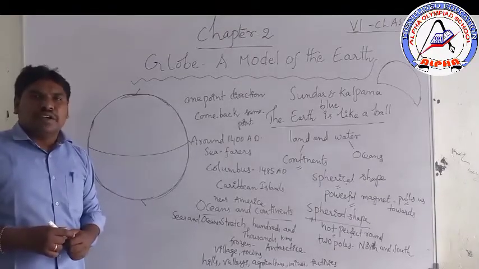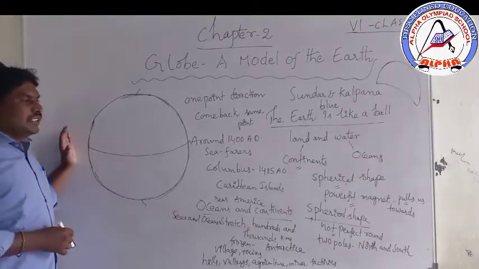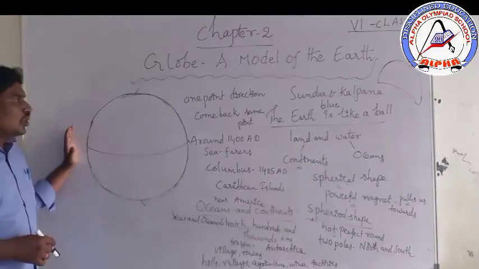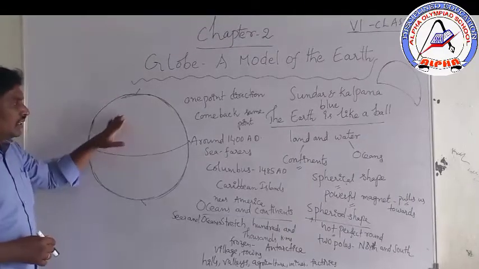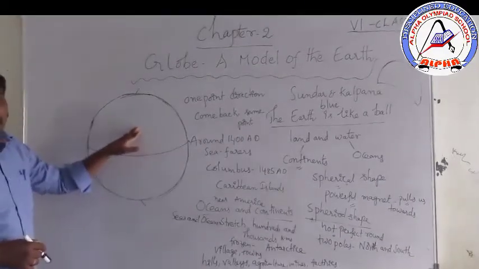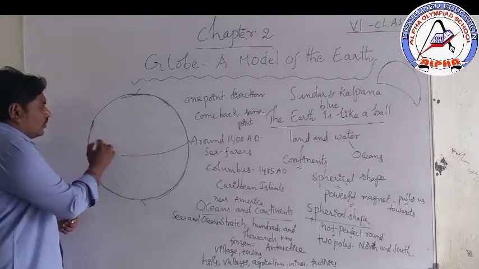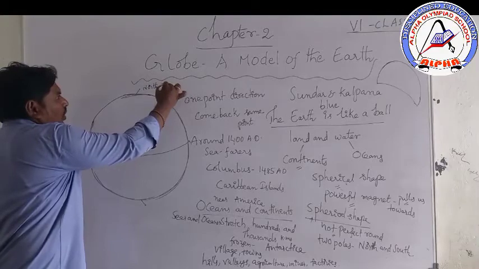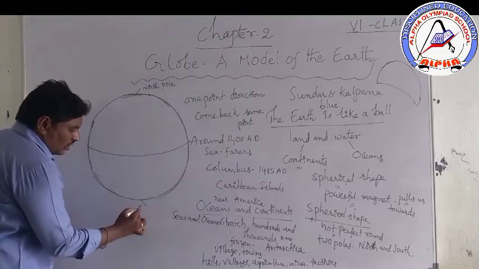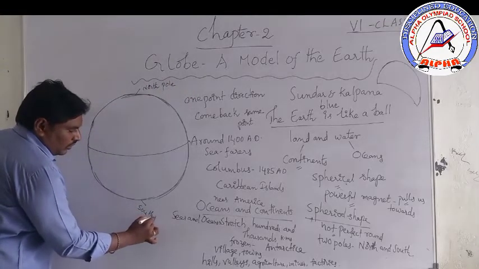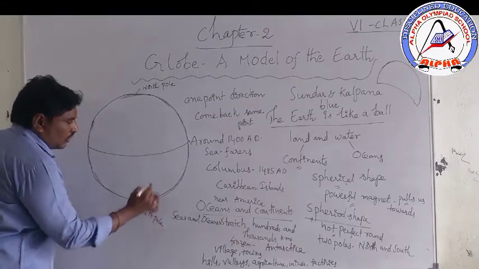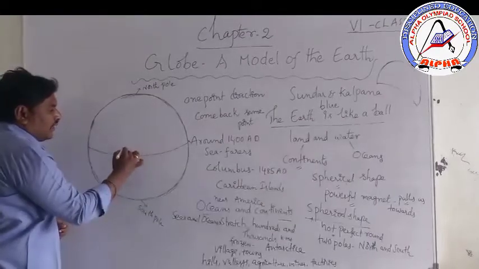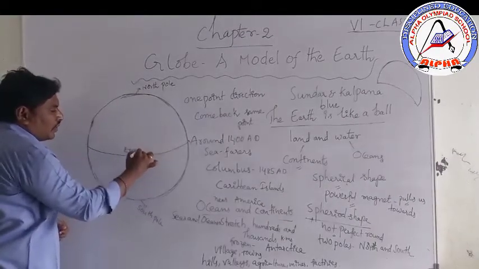If you see this picture, this is a model of our earth. It has two poles, the north pole and the south pole, and this middle we call the equator.